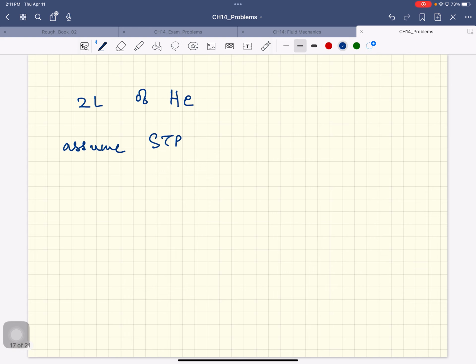Very good, my friend. And for helium, the atomic mass is 4 grams. So 4 grams of helium will occupy 22.4 liters. So the mass of helium is 2 liters divided by 22.4 liters times 4 grams.